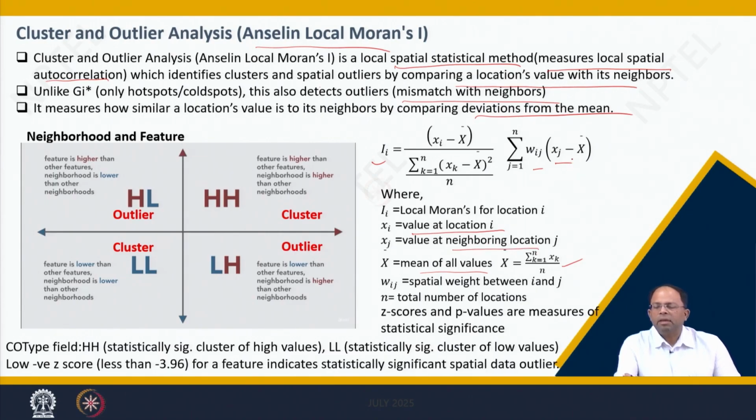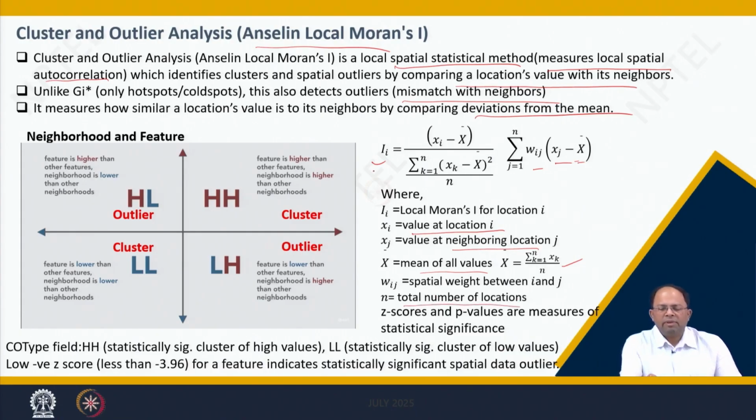We subtract x bar, multiply by wij, and then take a summation, depending on the number of neighbors, and then the average of those is taken. The deviation from the mean is also taken for the neighbors. And then we divide by the sum of xk minus x bar whole squared, divided by n, where n is the total number of locations.